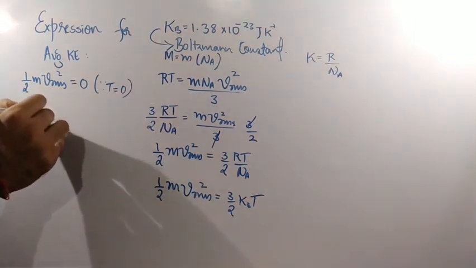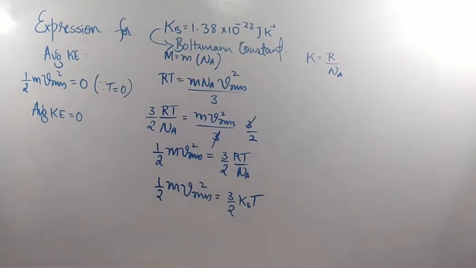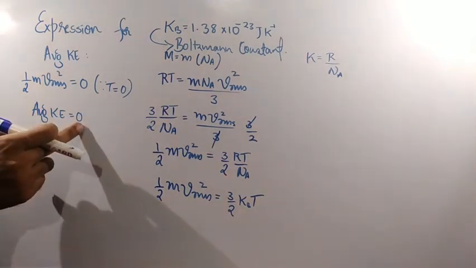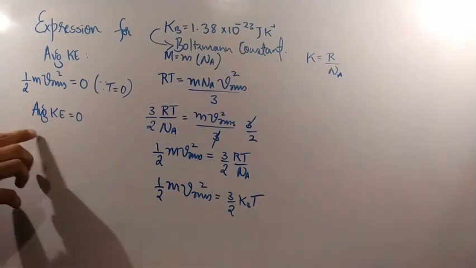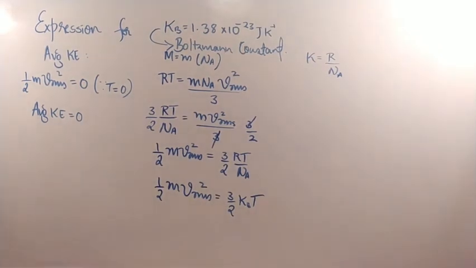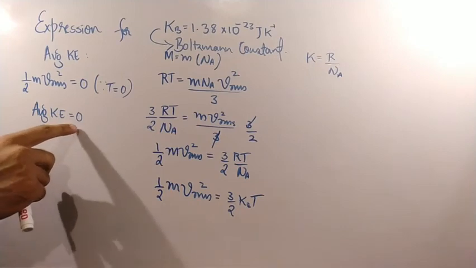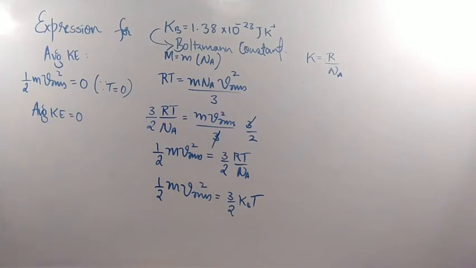Average kinetic energy will be equal to 0. In our previous classes, in classroom teaching, I had told you that at 0 Kelvin the average kinetic energy of the molecules will be 0 and molecular motion will cease at that point. So this point interconnects with that discussion. Average kinetic energy is 0 when the temperature is 0 Kelvin.